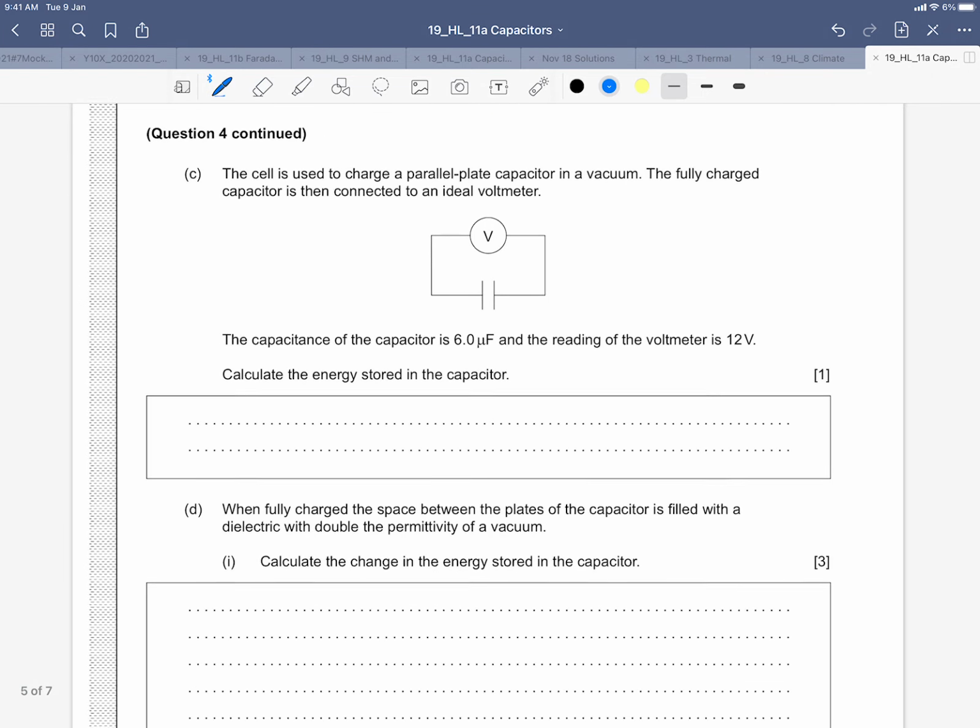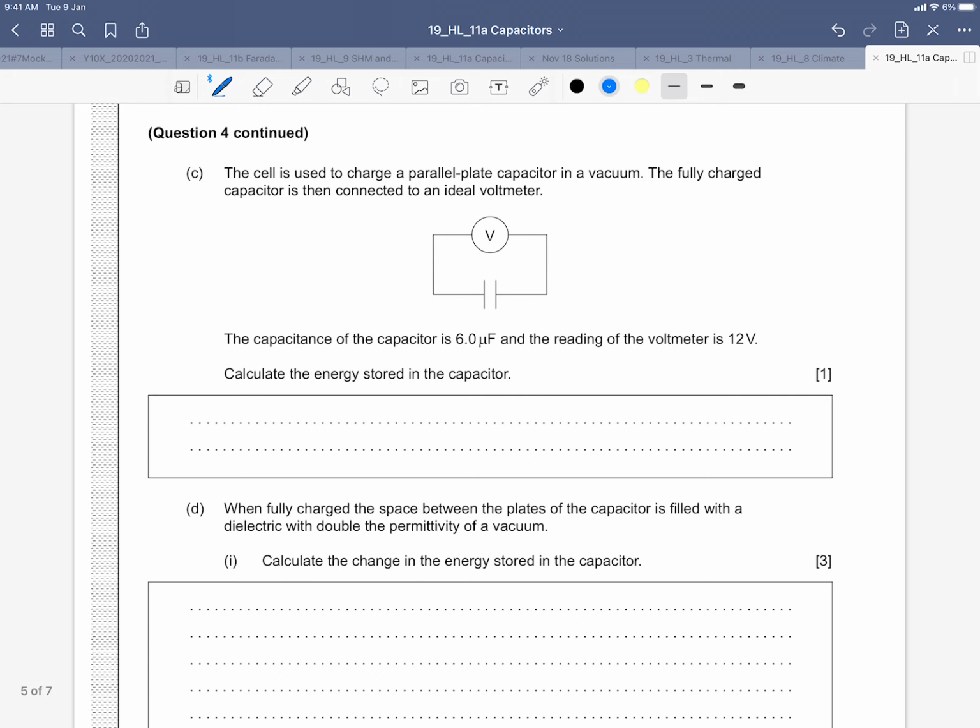Okay. Then we have a capacitor. The cell is used to charge a capacitor in vacuum, epsilon naught. And then we connect the capacitor to an ideal voltmeter. So it's no longer connected to the EMF.